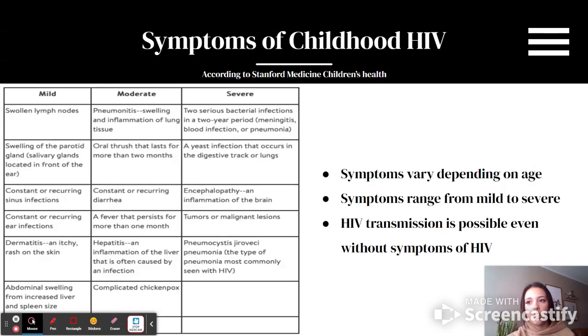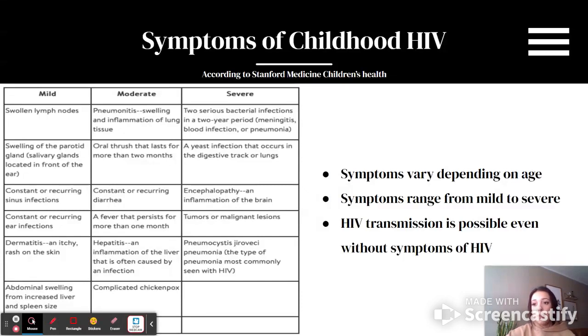So on to symptoms of childhood HIV. Symptoms include a large array that vary depending on the age of the individual. Symptoms in children who are older than 1 can be categorized into mild, moderate, or severe. Mild symptoms include swollen lymph nodes, swollen glands, recurring sinus infections, recurring ear infections, dermatitis, and abdominal swelling.